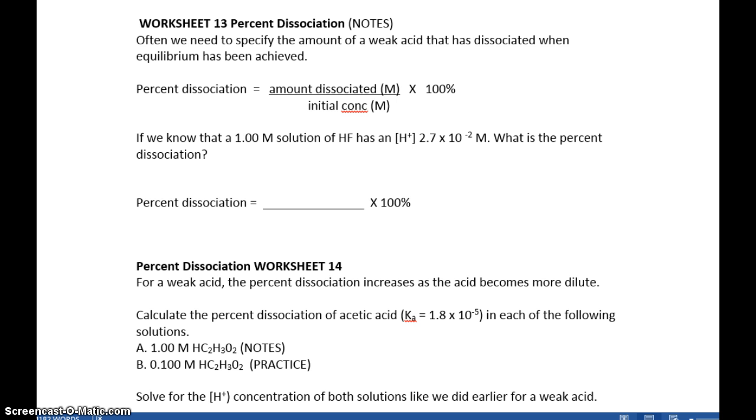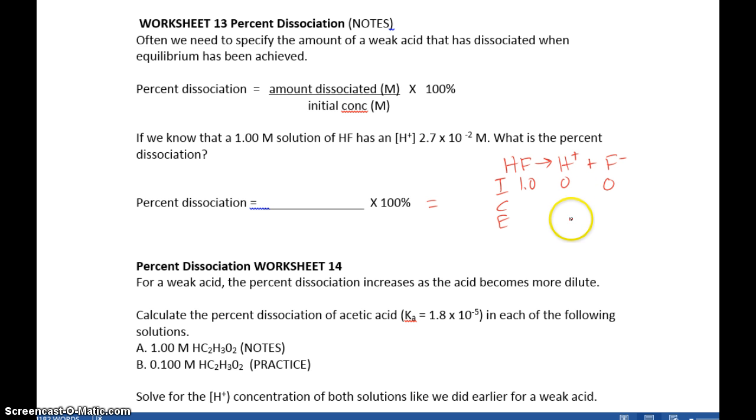So it says if we know that a 1 molar solution of HF has a H plus of 2.7 times 10 to the minus 2, what is the percent dissociation? Just to quickly show you, you wouldn't need to actually do this, but if you have HF becomes H plus plus F minus, and we look at a little ICE chart here, we know that this is 1.0 and that this was 0 in the beginning.